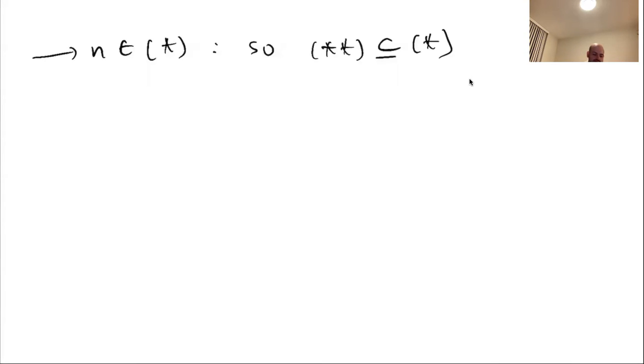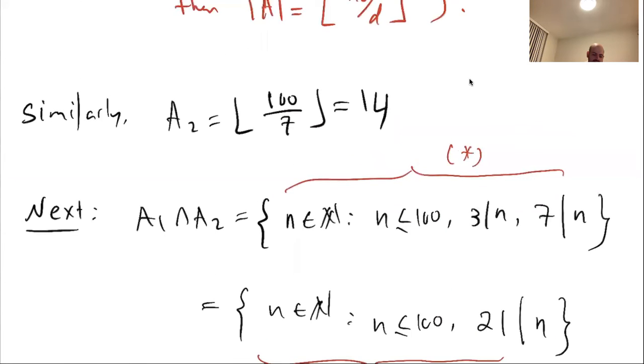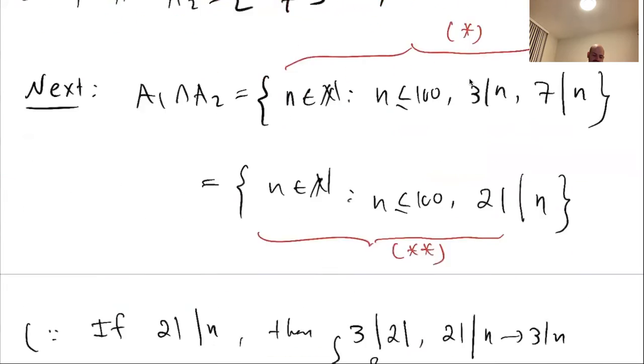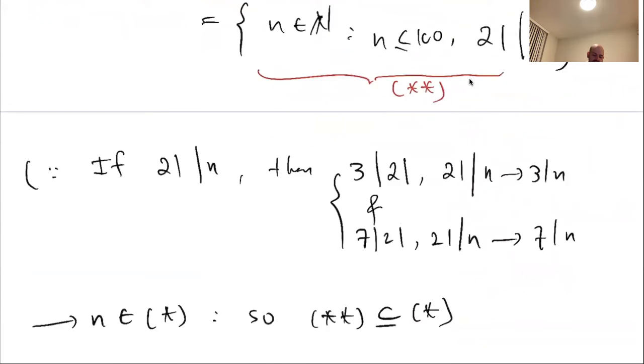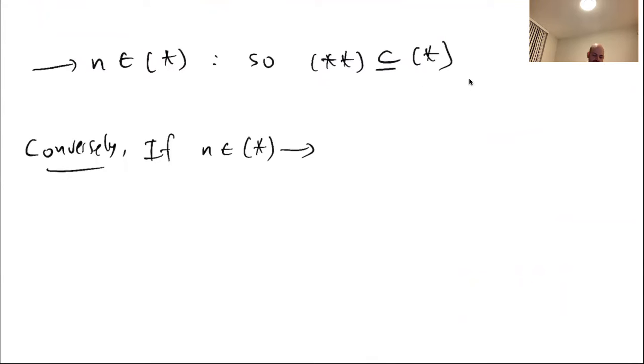Okay, now conversely, if n belongs to star, then that means, if I have an element here in star, then 3 divides n and 7 divides n.